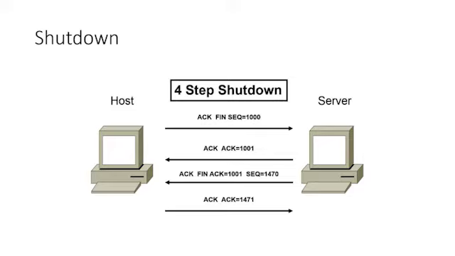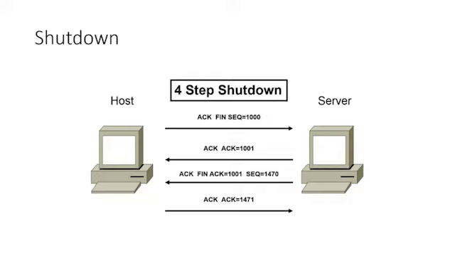So we have a 4-step shutdown where the host is going to say, hey, you know what? I'm done. I'm done communicating. Let's terminate this connection. And the server will acknowledge that and say, okay, I hear you. I'll see you later. Now the server also has to shut down as well though. So he will send over a finish packet, all right?